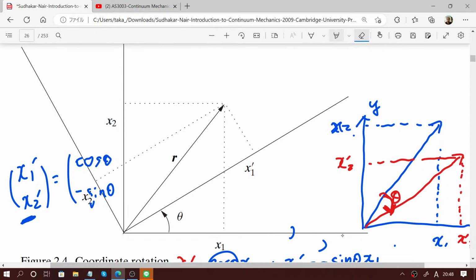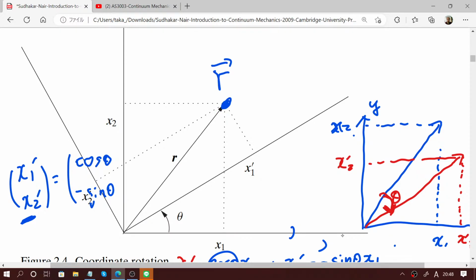So this is something like this. Okay, absolute R. This is just this point. If you use primed coordinates, this can be expressed like x1 prime, x2 prime.